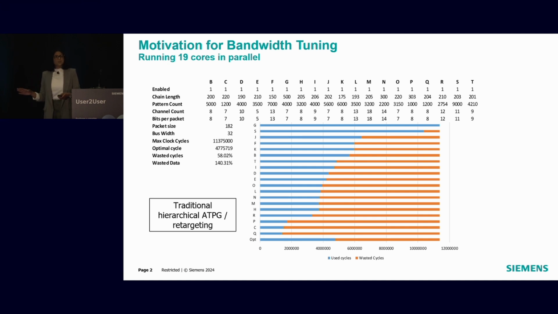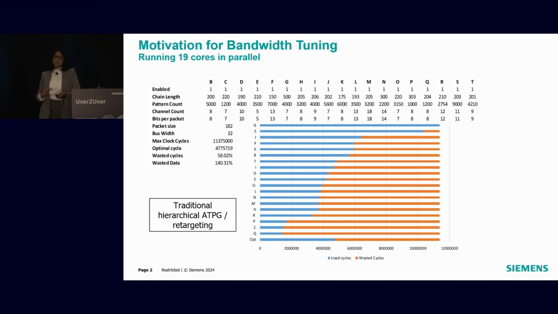I would like to touch on a few concepts about throttling and what really is a packet before I start diving into the numbers and boggle your mind with the math and the calculations. I'm going to be considering this example, which uses 19 cores, and these 19 cores are being retargeted in a group for hierarchical test.